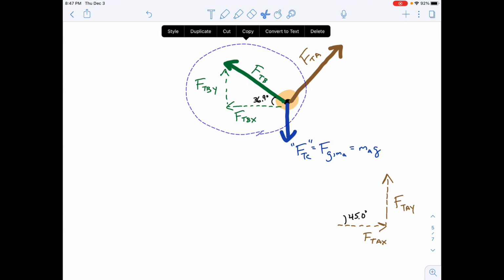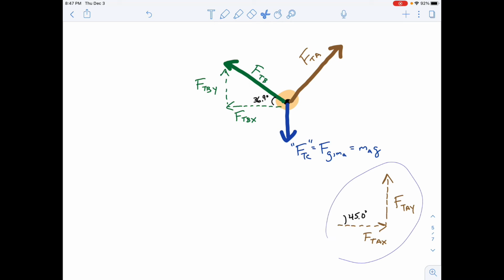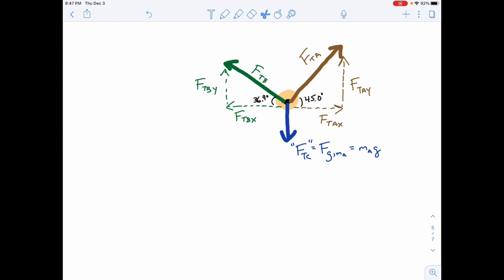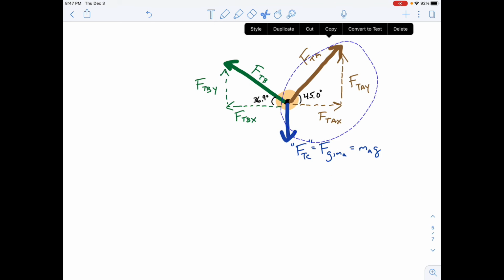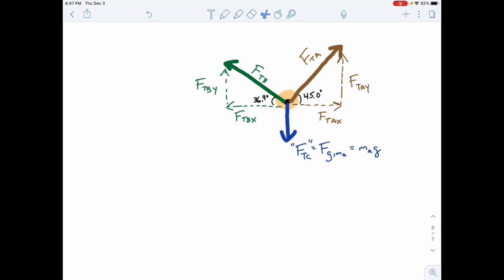So what are the components of these vectors? If we happen to know one of the sides, and we know the angles, then we can figure out a bunch of other things. But we don't happen to know any of the sides of any of these hypotenuses or legs of these triangles.